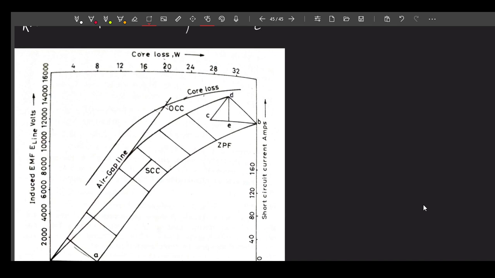They are not real and they are only experienced by the armature circuit, not by your field.